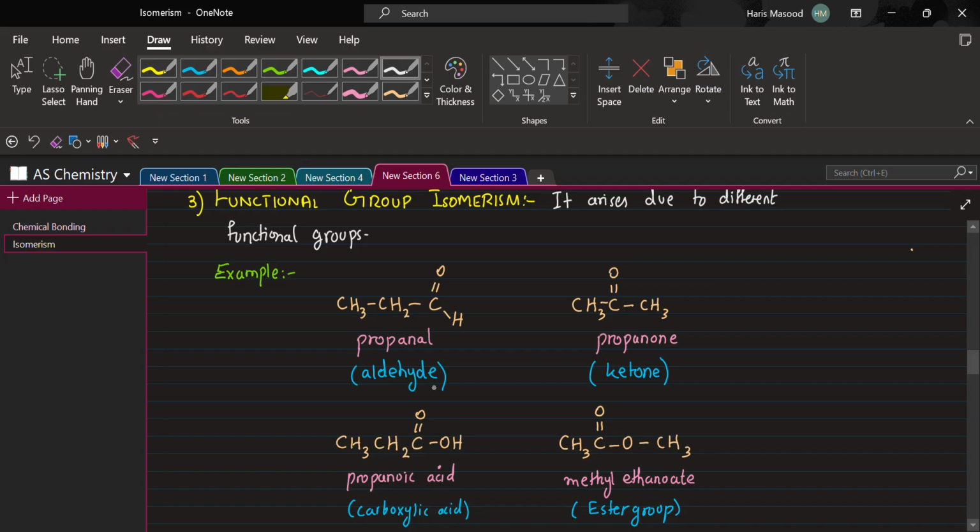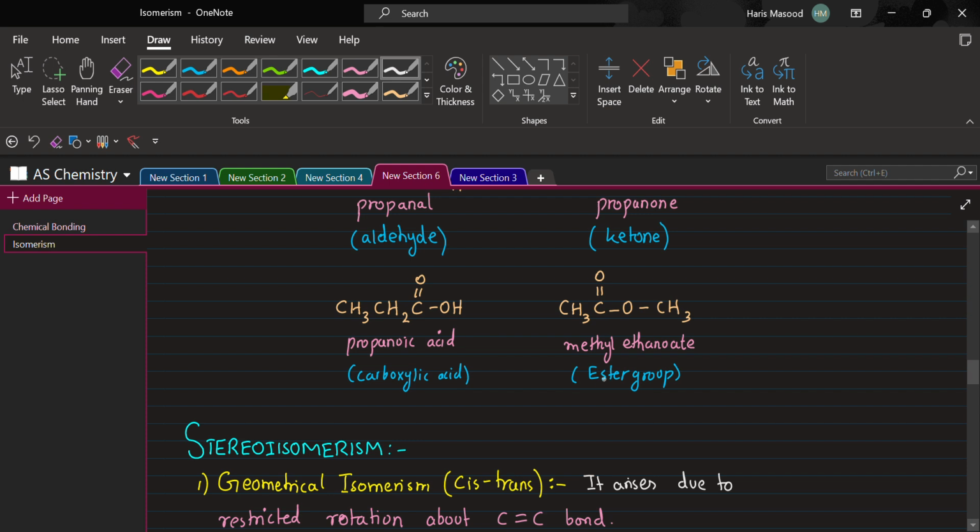One has aldehyde as functional group, one has ketone. That is the basic difference. Similarly, carboxylic acid and ester are functional group isomers of each other. These two compounds have the same molecular formula but different functional groups.